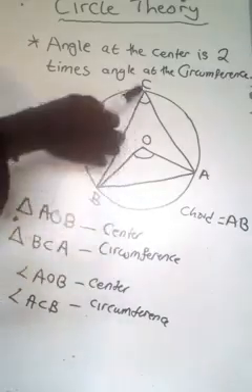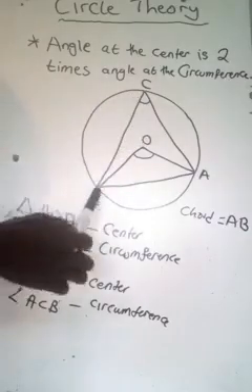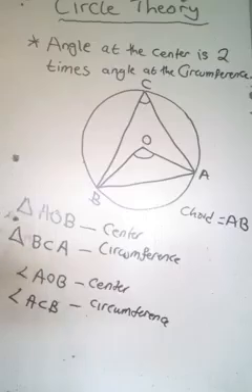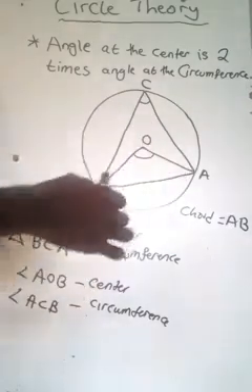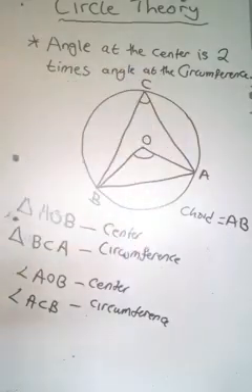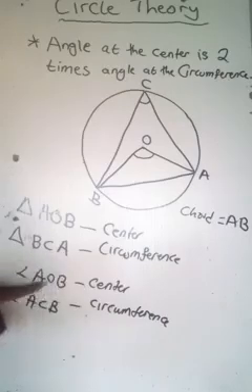Like in our case, these two triangles are sharing chord AB. And then one triangle should be ending at the center, so we have triangle AOB, which is at the center, and another triangle should be at the circumference. I'm trying to show the angles that we are talking about: the angle at the center, which is angle AOB, and the angle at the circumference, which is angle ACB.